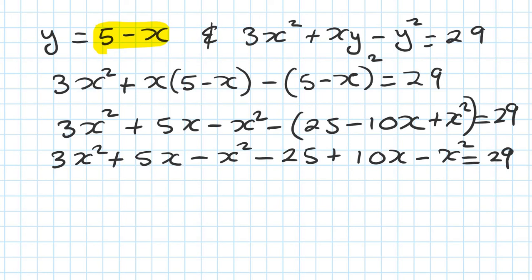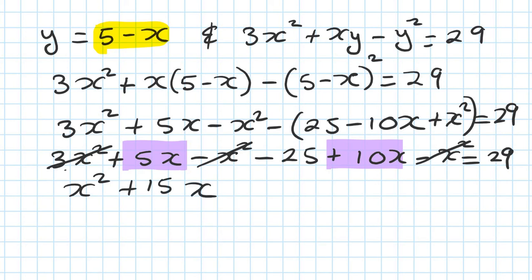Now I'm simplifying by collecting like terms. 3x squared minus x squared minus another x squared leaves you with x squared. Then I have 5x here and plus 10x, which is 15x.